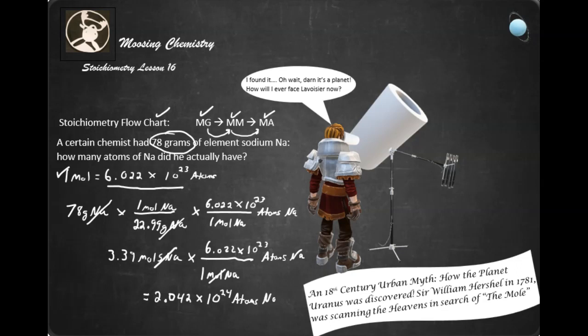So if you could get an electron microscope to see sodium atoms, if that were possible, and you could take many lifetimes over, you could count each individual atom and you would come up with that exact number, which is 2.042 times 10 to the 24 atoms. And this works in every case.